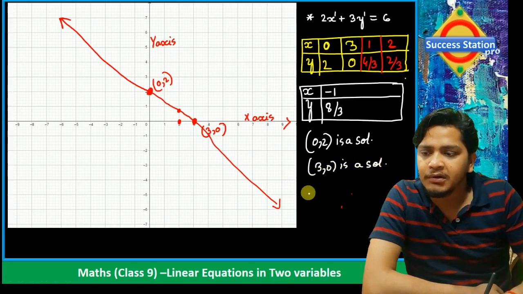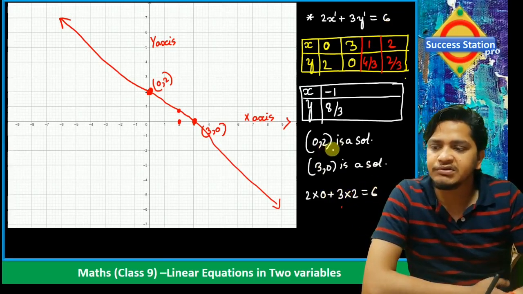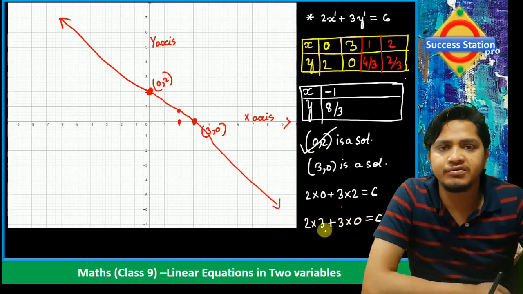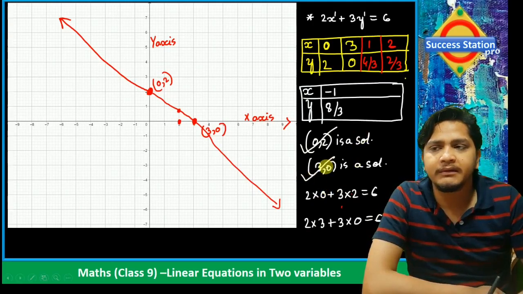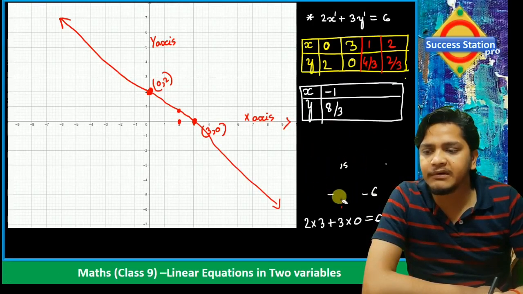Now put 2 into 0 plus 3 into 2. Left hand side is 6. The same is right hand side, 6. So this is satisfied. So it is a solution. Now (3, 0): 2 into 3 plus 3 into 0 satisfies. So this is also a solution. Right? Clear? Okay or not? Similarly, more values are there. We'll check for them also.